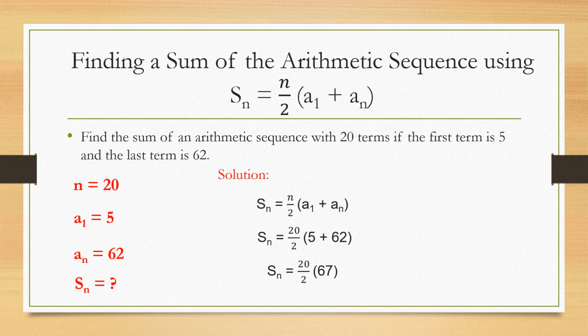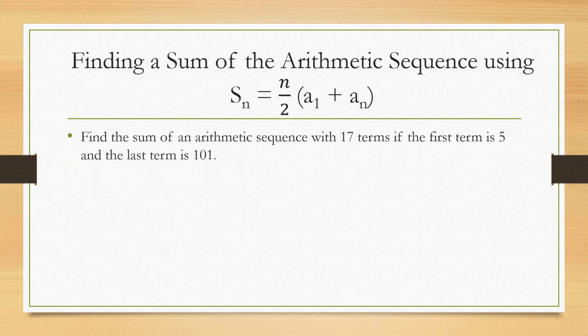Dividing 20 by 2 is equal to 10. Then get the product of 10 and 67. The result is 670. So therefore, if we are going to get the sum from 5 to 62 having 20 terms, the sum is 670. And that's correct.